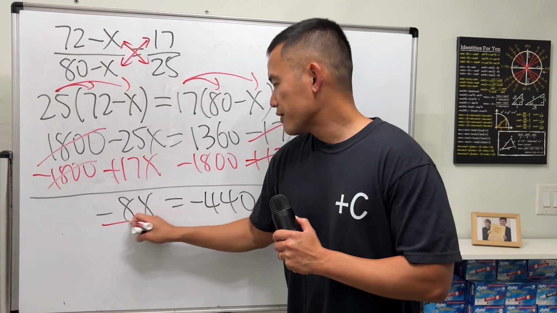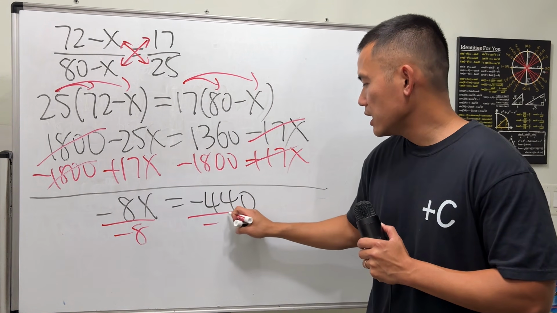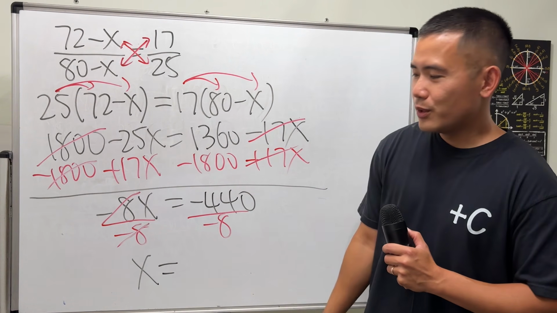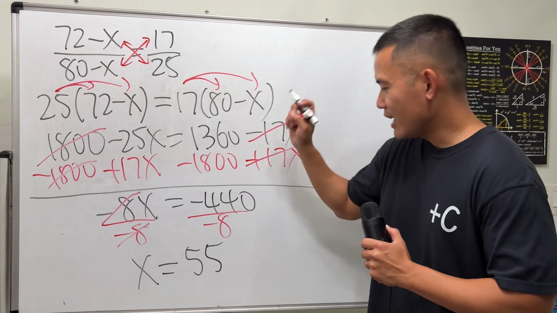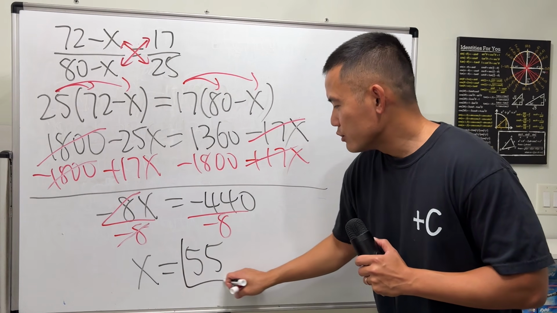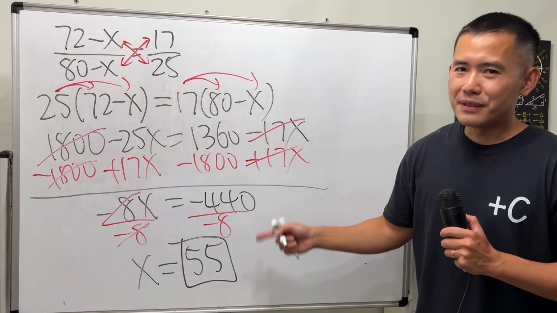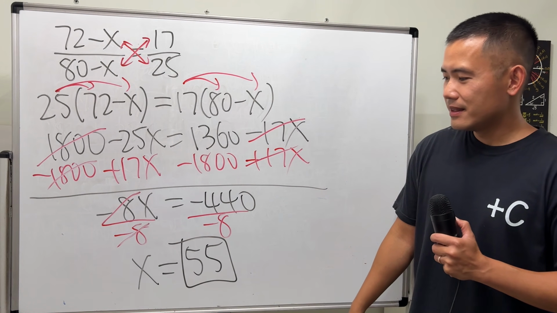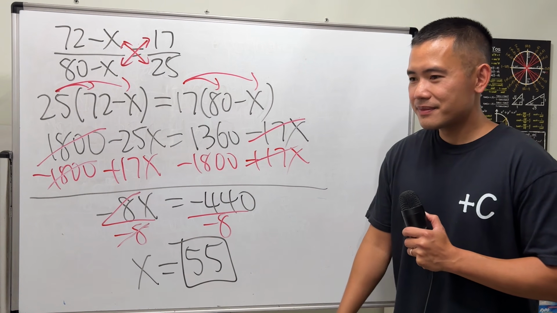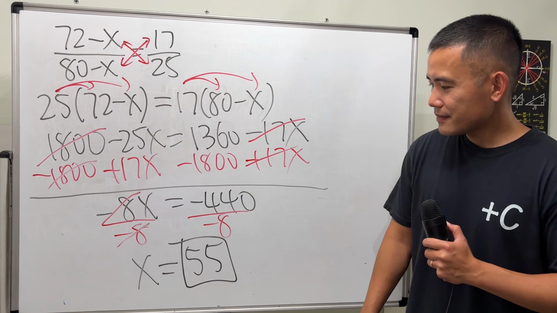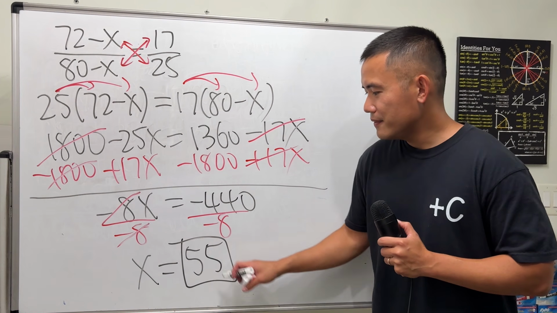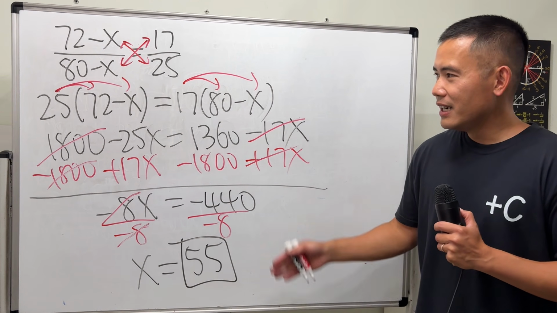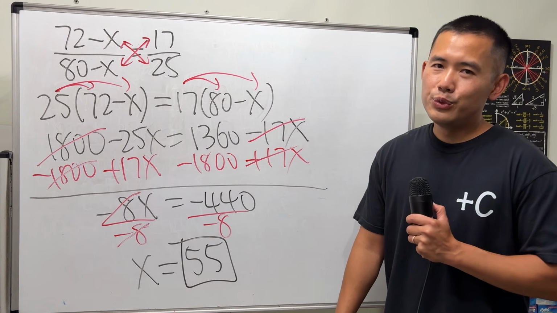And finally, we just have to divide both sides by negative 8. And ladies and gentlemen, in this case, x is equal to 55. So we will have to remove 55 left-handed people from the original. So that's the answer to the question that we were talking about earlier. And this time, I think we really have to use algebra.